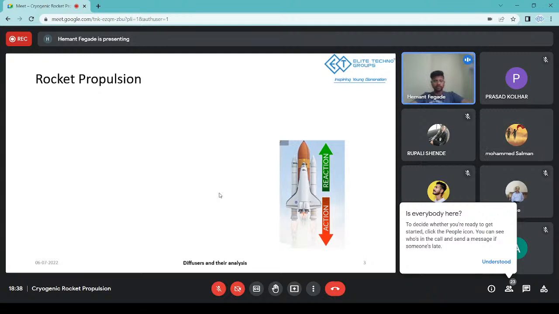Go ahead, somebody else is trying. Yes, sir. By using an IC engine, if we place our hand in the exhaust, the force is not that much to lift the rocket high, sir. So that's the reason we are using rocket propulsion and some cryogenic chamber.